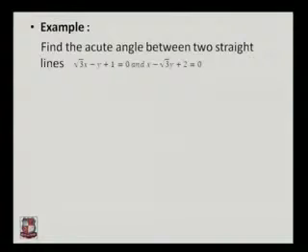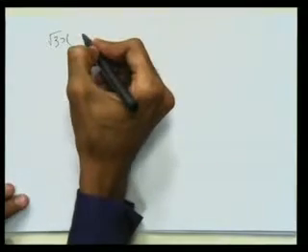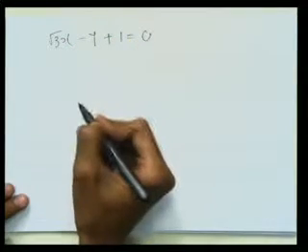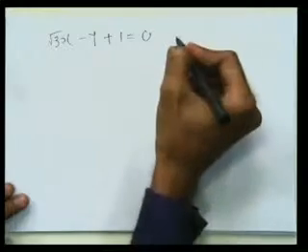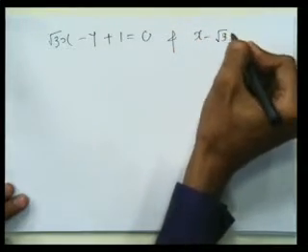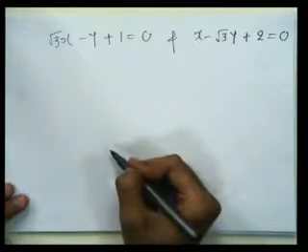So we will solve this example practically here. We are given that the equations of the lines are root 3x minus y plus 1 is equal to 0, and the second line is x minus root 3y plus 2 is equal to 0.